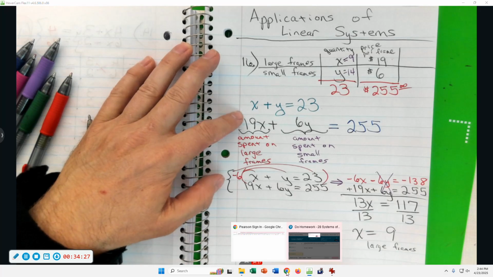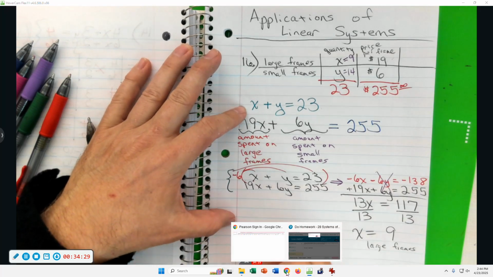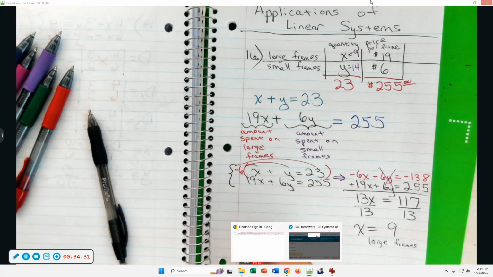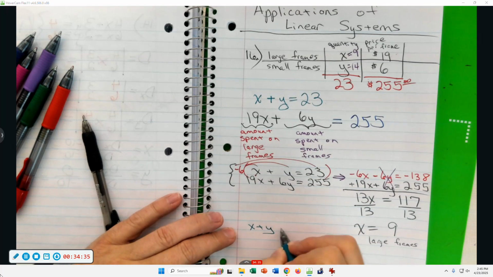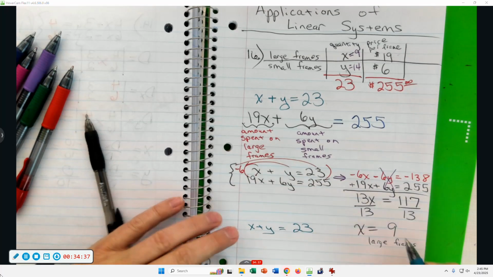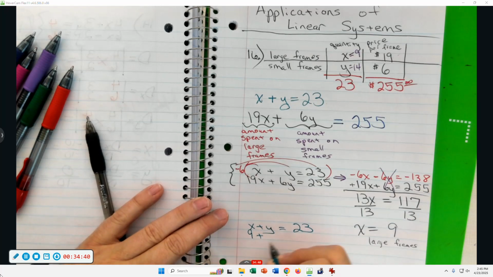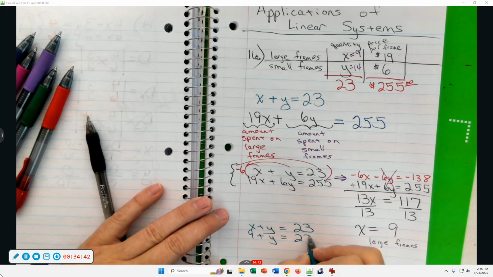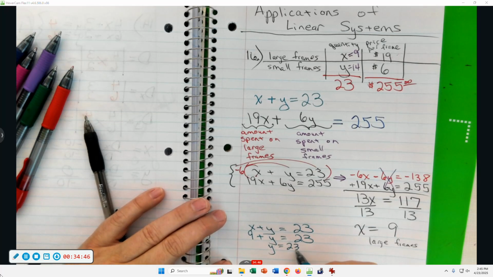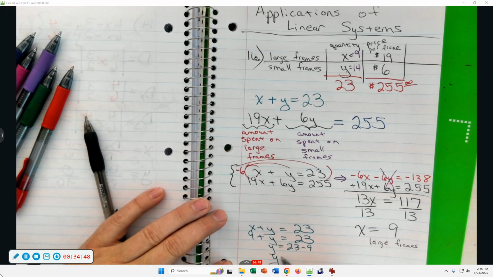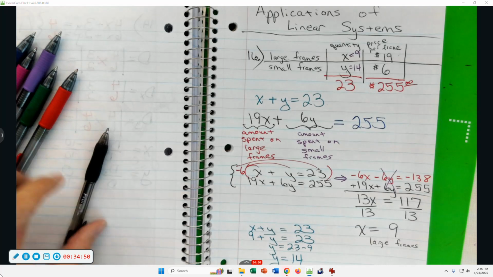I think x plus y equals 23 looks the easiest, so you plug in the 9 for x, subtract 9 from both sides, so algebraically we get 14 also.